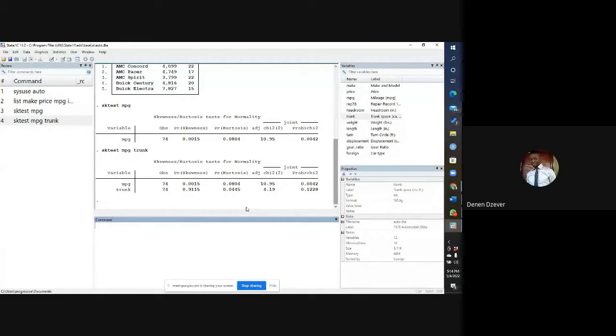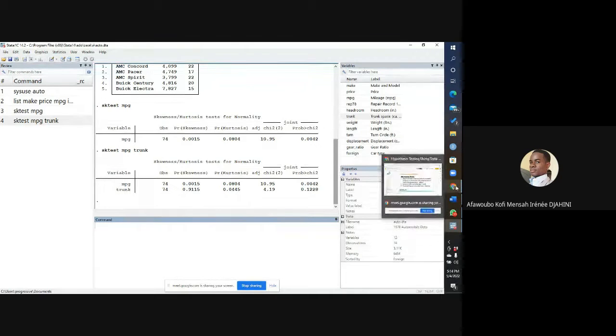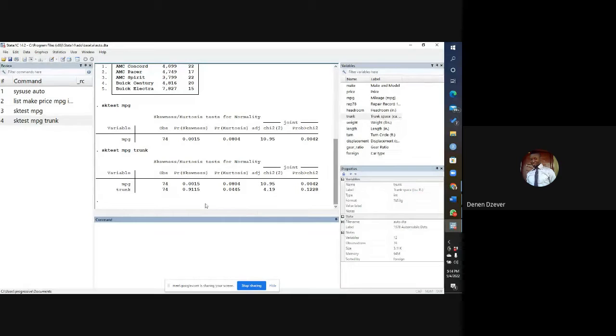Are they the key values to look at and conclude?